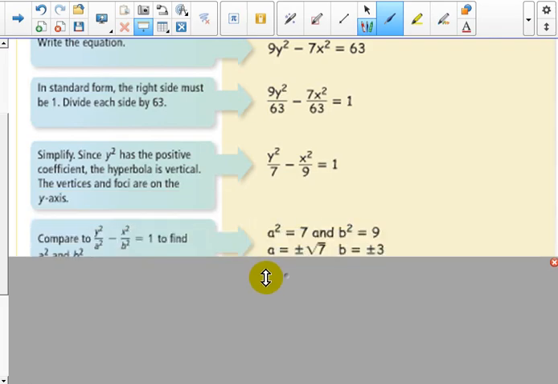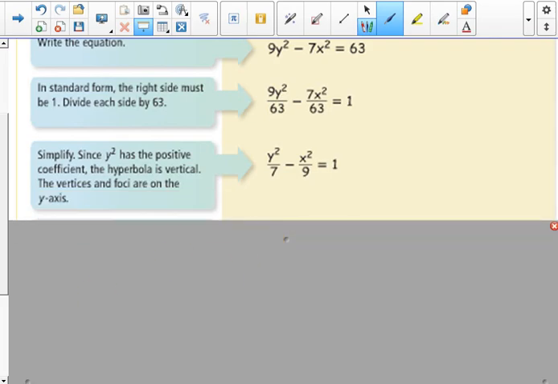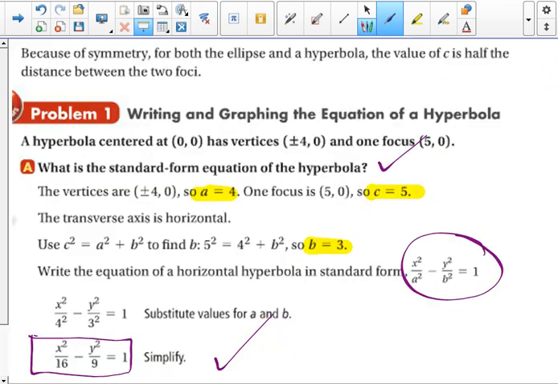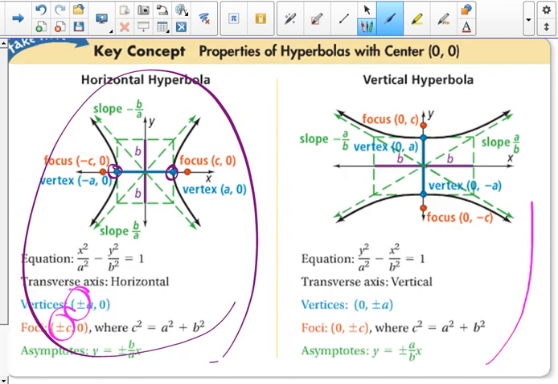The larger one is the y-axis. So it's vertical. Now, that would mean that you would use the, let me back up, you would use the vertical formulas, right?